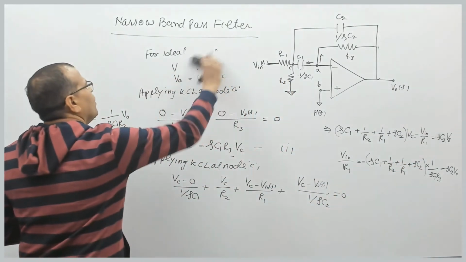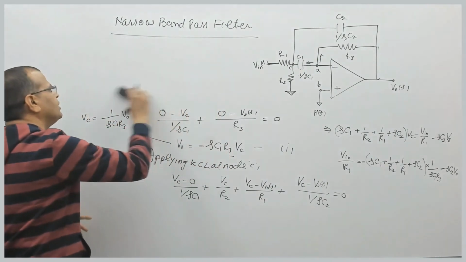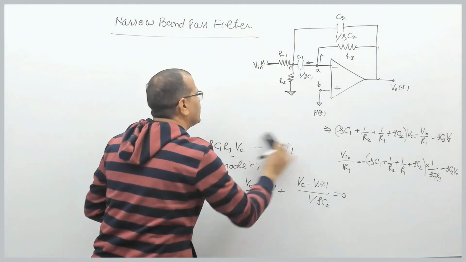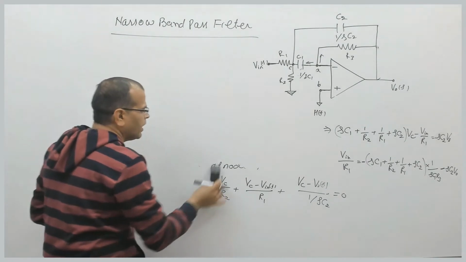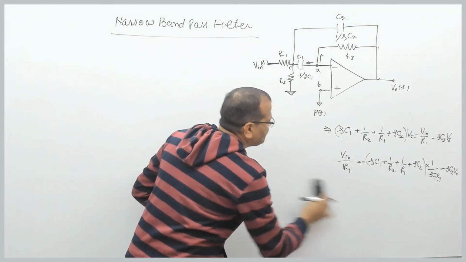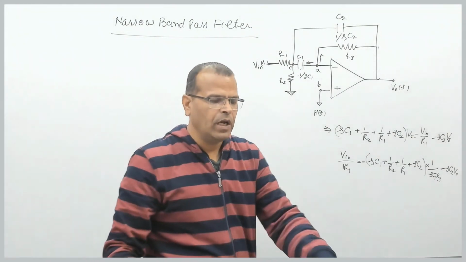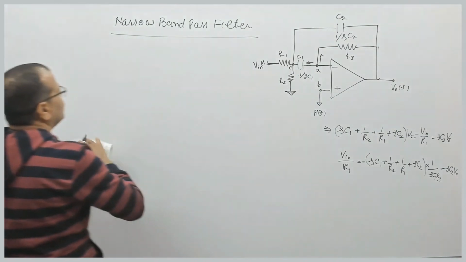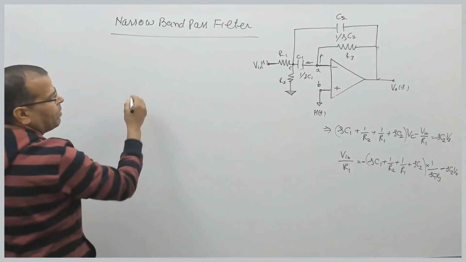So now from this equation we can definitely find the relationship between the output voltage and input voltage that gives the transfer function of this circuit, which is nothing but a narrow band pass filter, right? So here what we do, we will be deriving the relationship between output and input voltages. So I can write that equation again. That gives what?